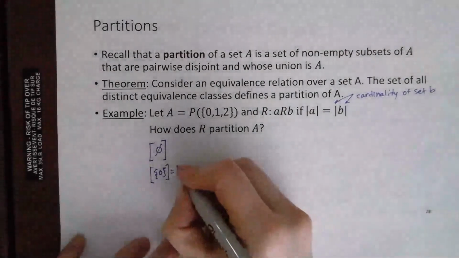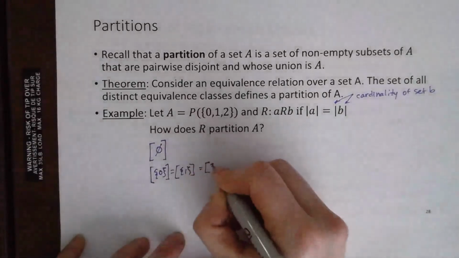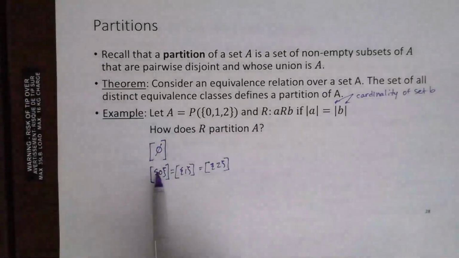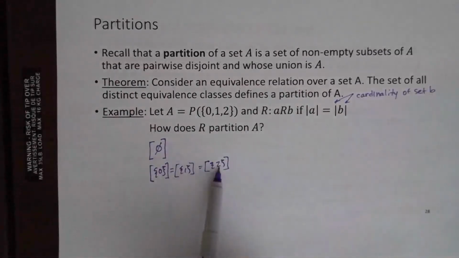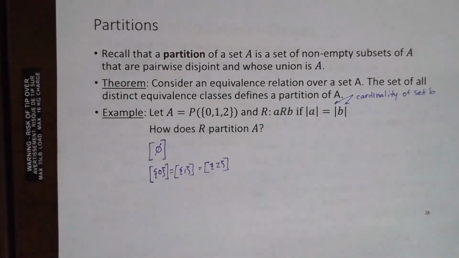Just one all by itself and two all by itself. Those all have a cardinality of 1. They're all the same, and we'll just have to pick one representative set.